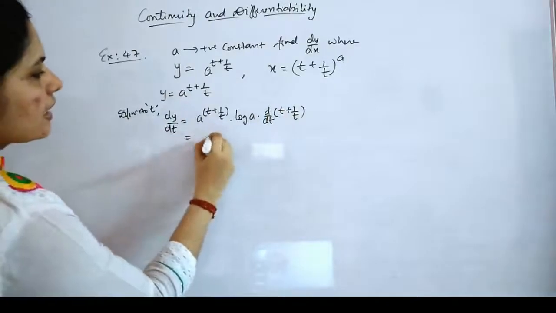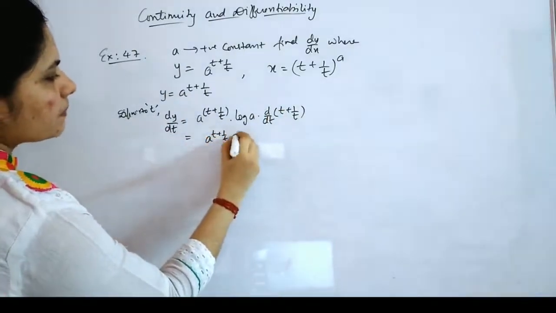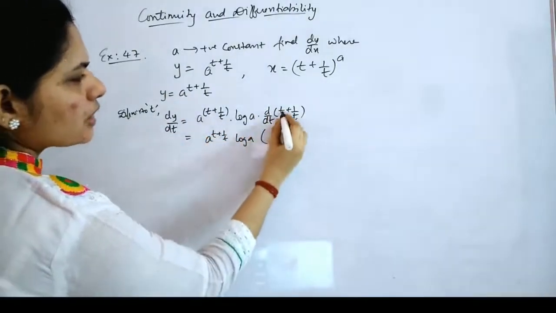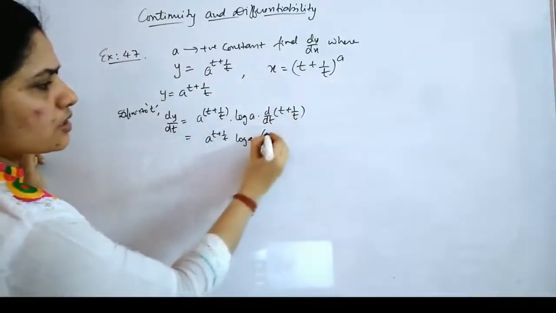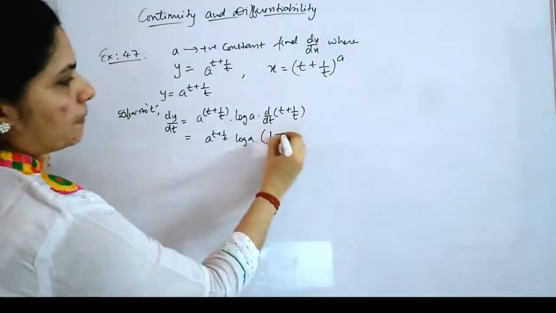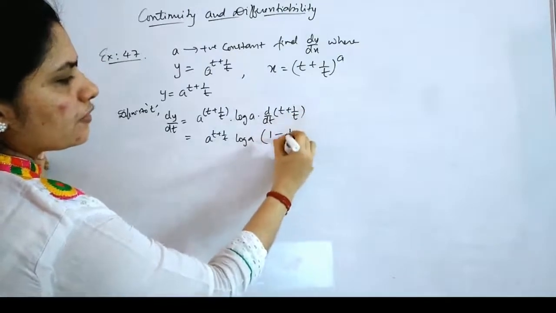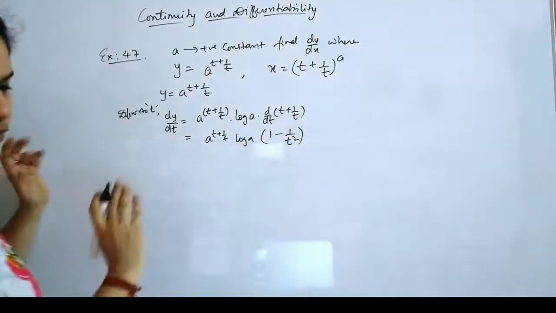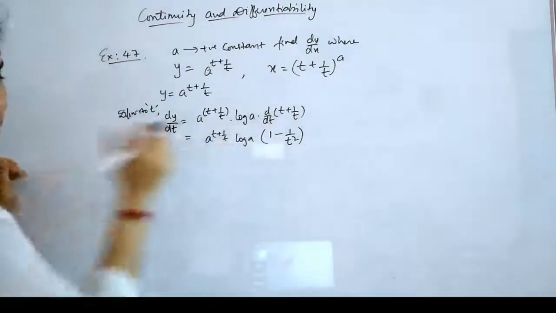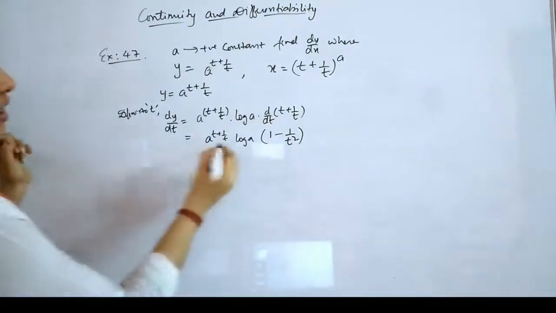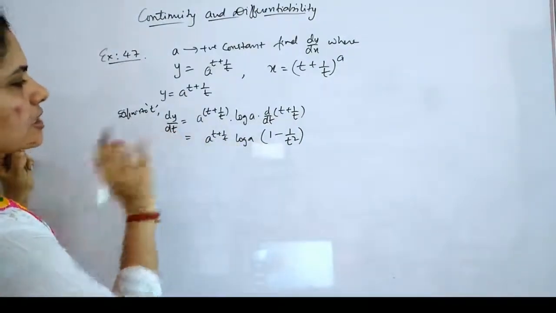Okay. So you will get a raised to t plus 1 by t log a into what is the derivative of t plus 1 by t with respect to t? So it will be 1 minus derivative of 1 by t will give you minus 1 by t square. Okay. What you do as x, here you have to do with respect to t. So this is your first thing, that is dy by dt.